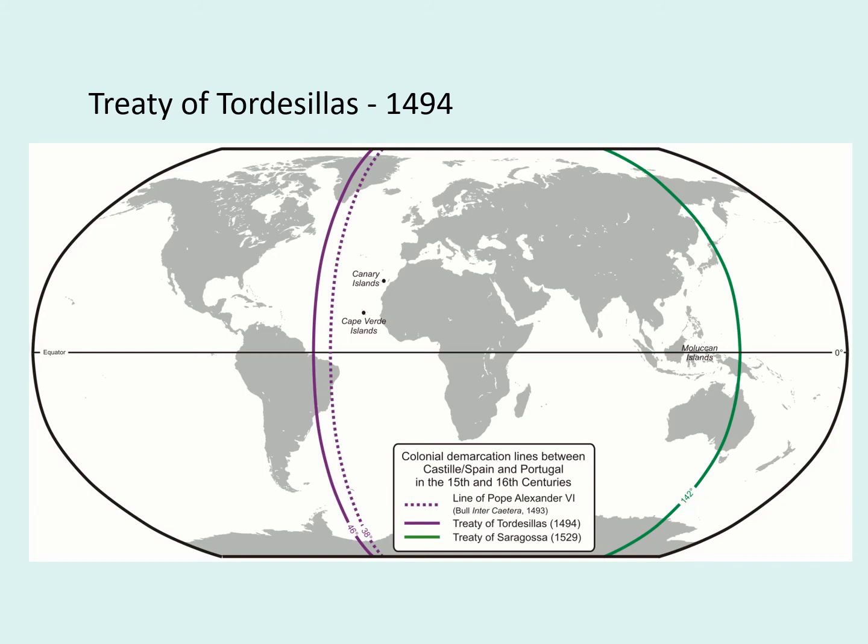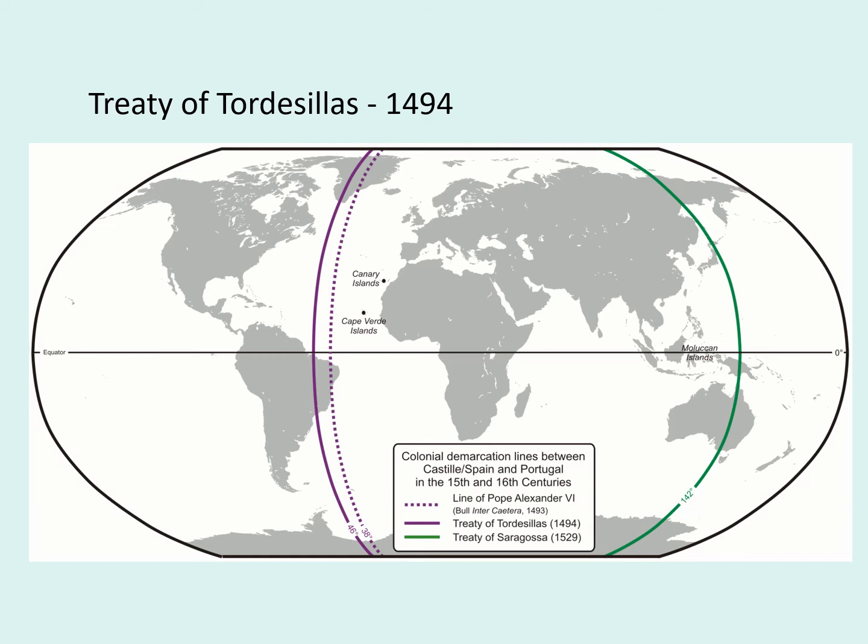The official religion throughout Europe was Catholicism. All the kings were Catholic. And so Ferdinand and Isabella persuaded the Pope to issue a proclamation in 1493 that divided the whole unexplored New World, whatever was out there, between Spain and Portugal.